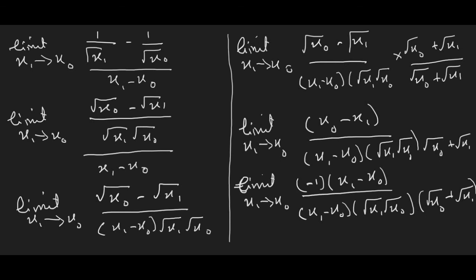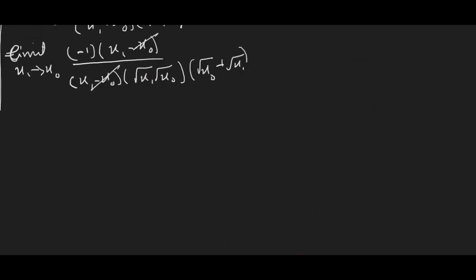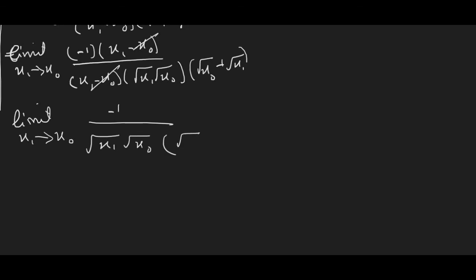Now this term and this term can be cancelled and we get limit x1 approaches to x0 minus 1 over under root x1 under root x0 into under root x0 plus under root x1. Now applying the value of x0 and simplify it.